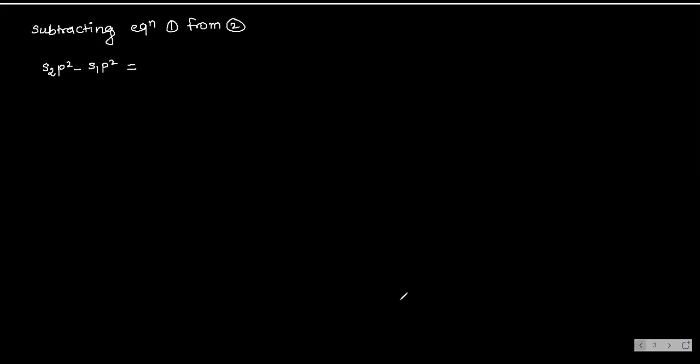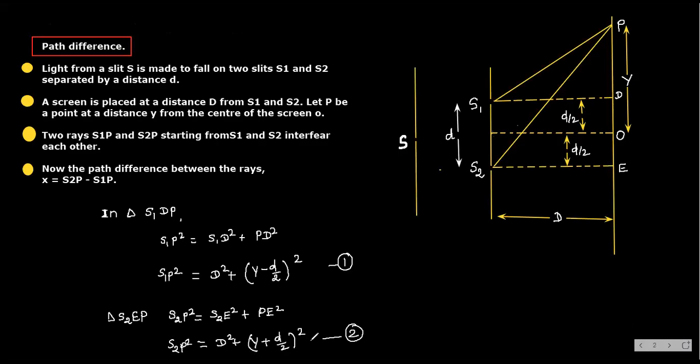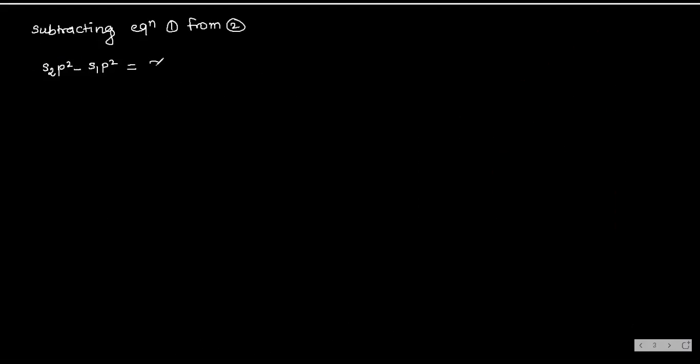What is S2P square? This one, D square plus y plus d by 2 whole square. Substituting, this is your D square plus y plus d by 2 whole square, minus, this is D square plus y minus d by 2 whole square. We have to subtract this. Okay, so let's subtract now.